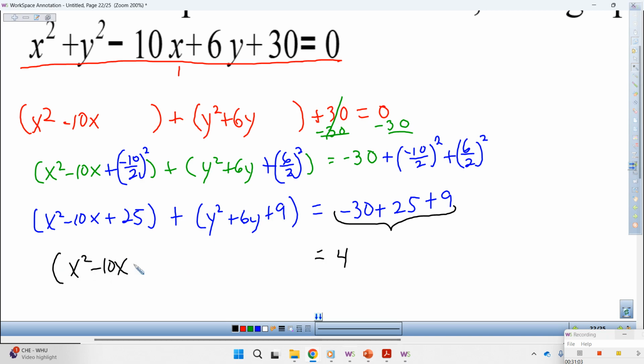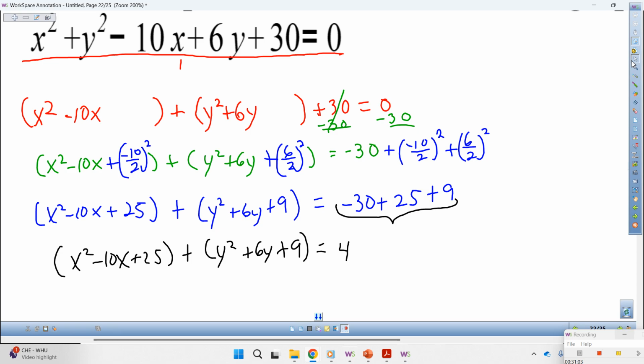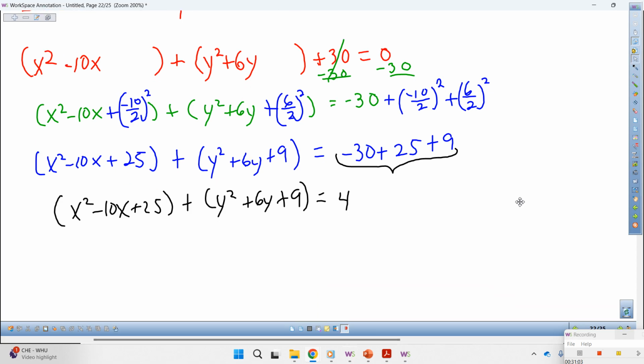x squared minus 10x plus 25 plus y squared plus 6y plus 9. Are we done with the completing the square? No, Mr. Q. Hold on, let me move this up a little bit. No, we need to factor, is that correct?